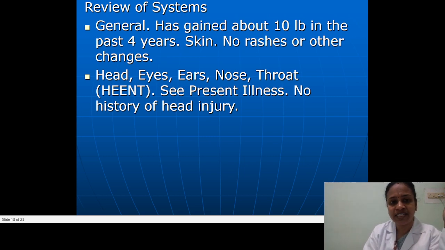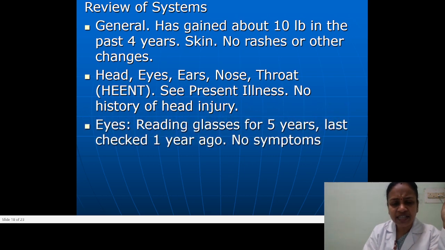The hint is HEENT: head, eyes, ears, nose, and throat. Head: observe the scalp for any dandruff. Eyes: whether the patient is anemic, pale conjunctiva, yellowish discoloration of the sclera, or any opacification of the lens.